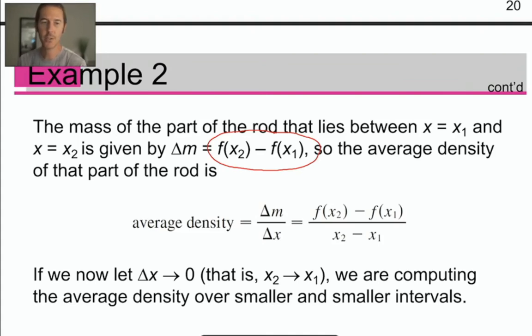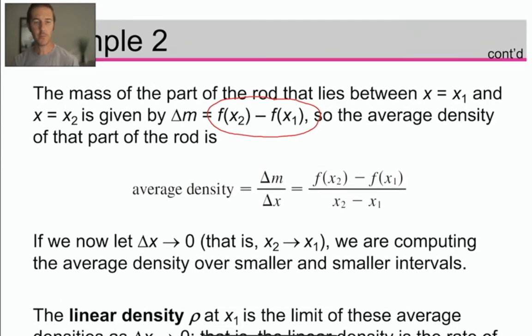So the average density is still y2 minus y1 over x2 minus x1. And that's exactly what we're seeing in this average density equation, except our y values are talking about mass, and our x values are talking about distance from the left end point of the rod.